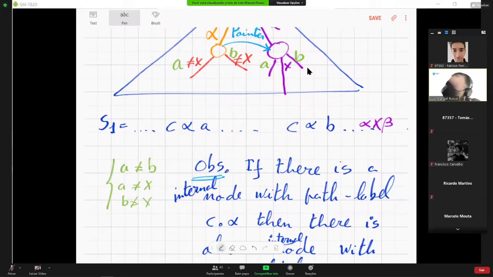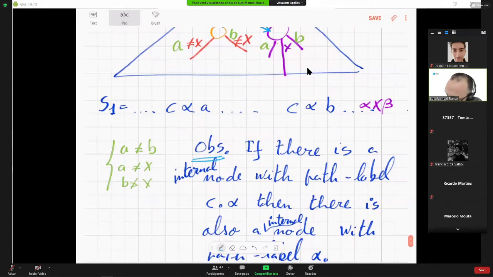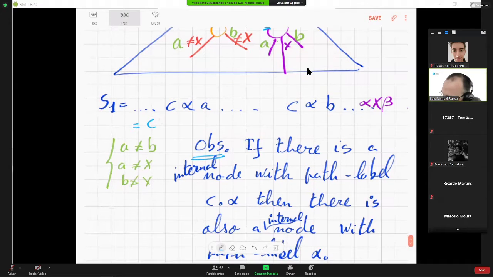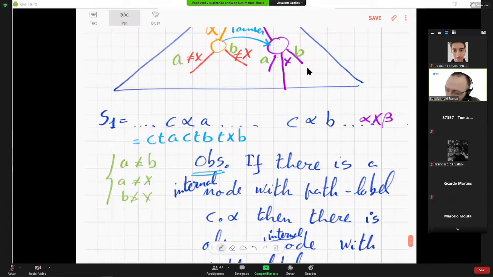We can actually build a concrete string from here. Suppose that you really imagine the string C. For alpha, I'm just going to use a T: CAT, CTA, CTB, TX, and then this could actually be a B, something like that, right?